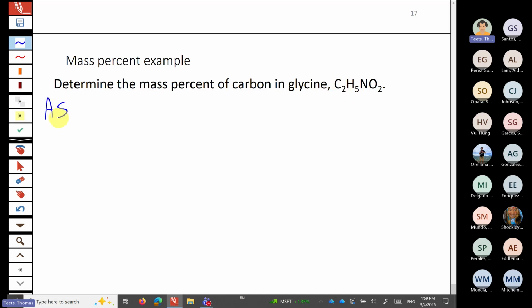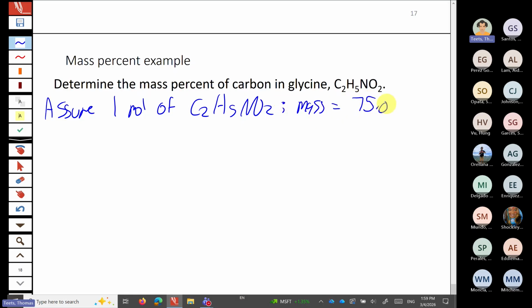So if we assume that we have 1 mole of glycine with the formula of C2H5NO2, we calculated earlier that the molar mass of glycine is 75.07 grams per mole. That means 1 mole of that compound would have a mass of 75.07 grams.